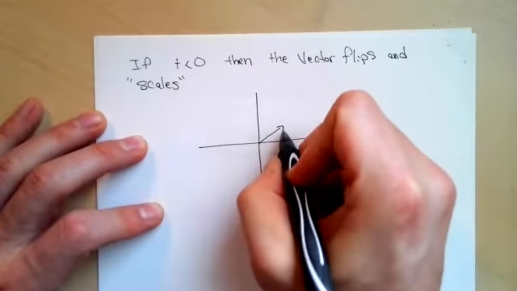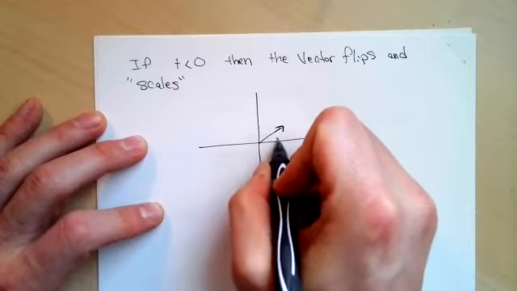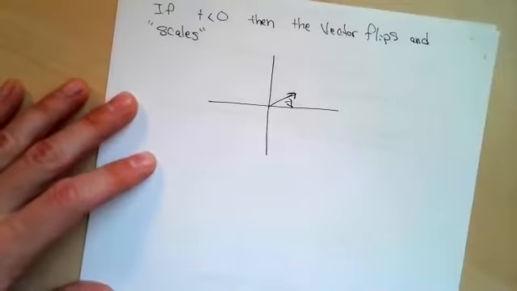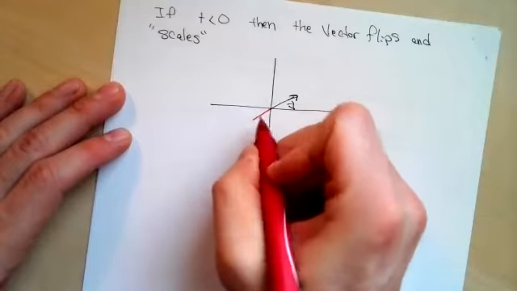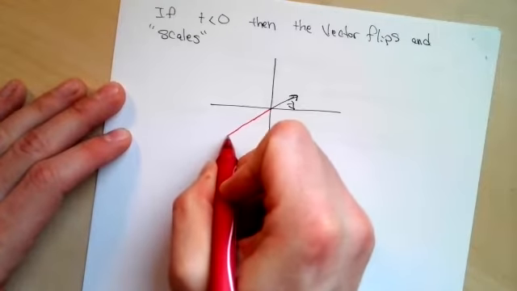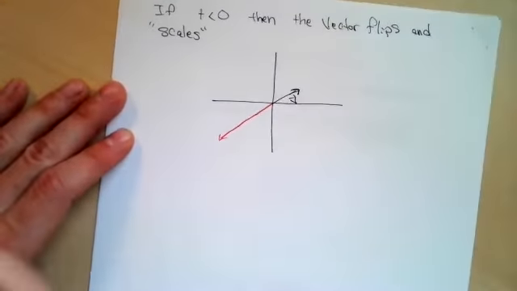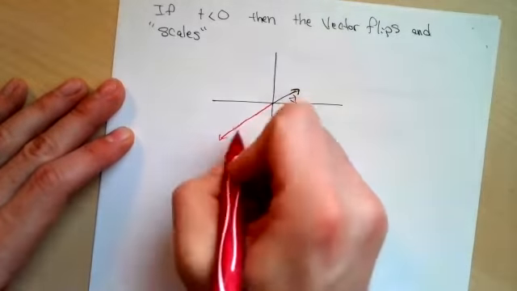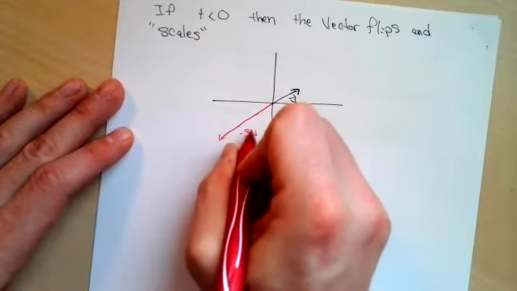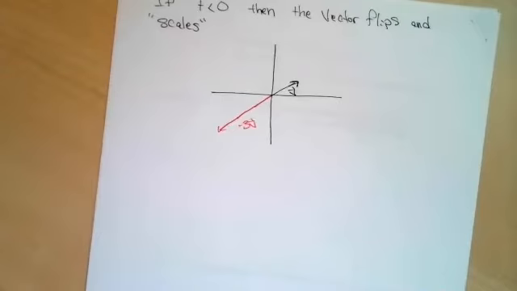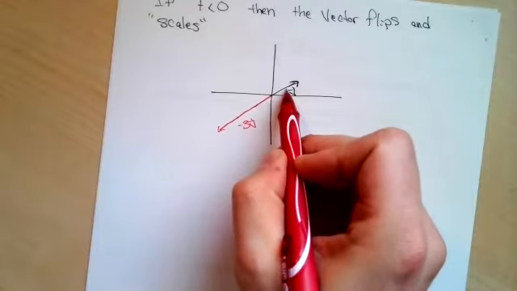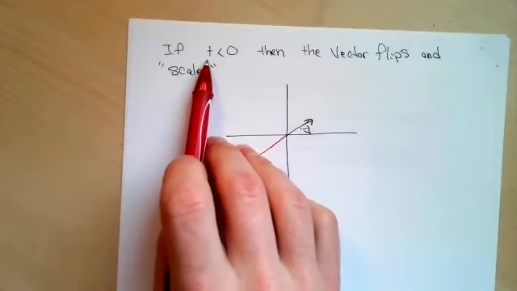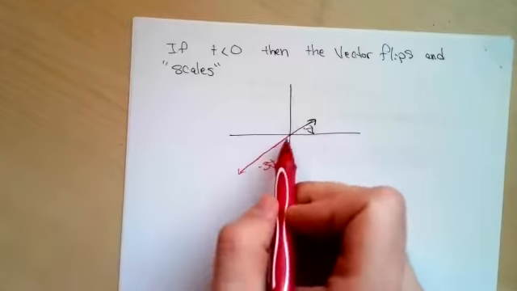So if here's our vector v, then a vector drawn as such might be something like -3 times v. And of course, the scalar can be any real number. So if the scalar is a fraction like 1/2, it would be half the length. If the scalar is 0, then we simply get the 0 vector.